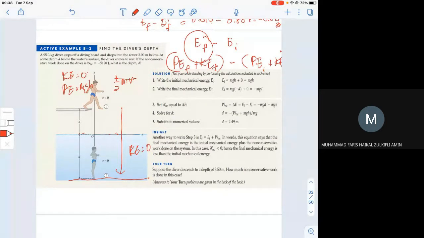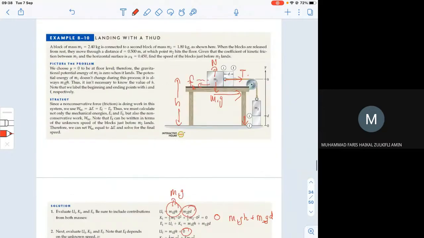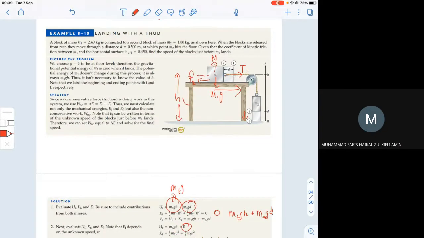Dan pada masa ini, PE dia ialah mg delta H. Ada GD lah, ada D sikit. Di bawah ni maksud dia, ini ialah ketinggian D. So, ini final dia, ini initial dia. Tolakkan saja. Sama juga dalam kes yang terbaru ni, which is kes yang ini. Ni sama juga kes dia.